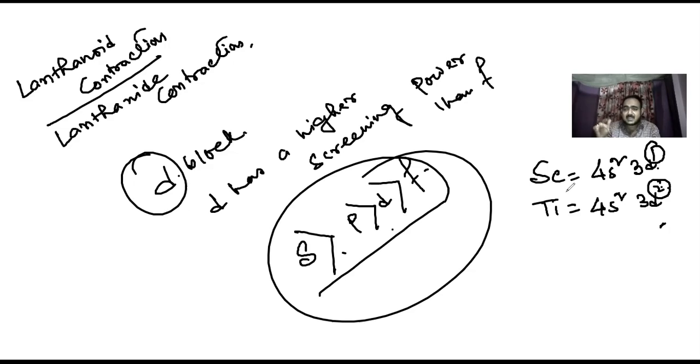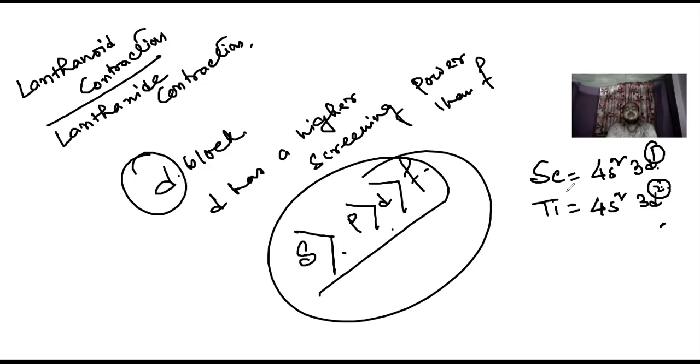As the electrons in the F orbital increase, the screening power of the F becomes so much less that the Z effective increases to a higher extent. That's why the electrons are very tightly held by the nucleus, and the size becomes very low.